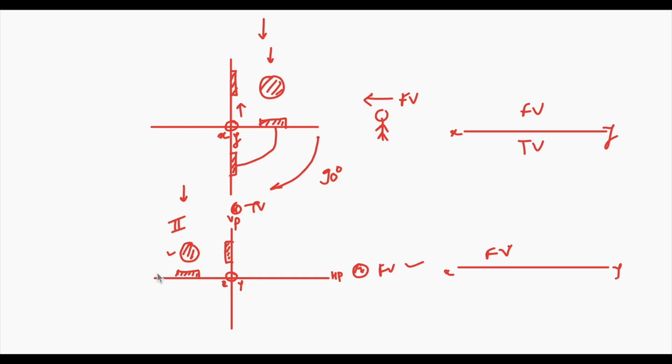And similar to the first quadrant, as the view is appearing on the horizontal plane, the horizontal plane is to be rotated in clockwise direction by 90 degrees, so it will be shifted above the XY line. So in case of the second angle projection method, the front view and top view both are placed above the XY line.